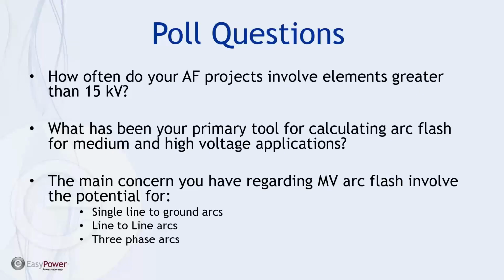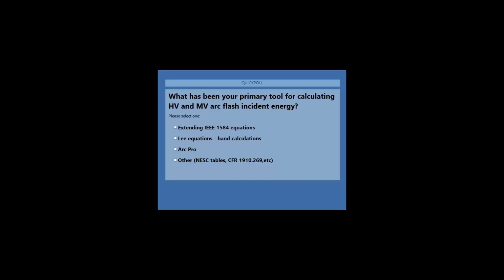The next question is, what has been your primary tool for dealing with arc flash calculations in that range? And again, if you could help me out with some feedback, it would be appreciated. The ambiguity is literally in this neck of the woods, where there's very little guidance from the authorities in the industry, and they have left most of us to thrash about on our own.